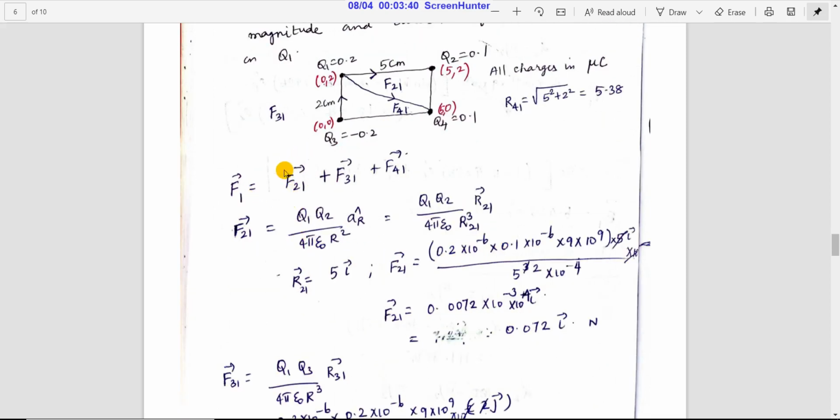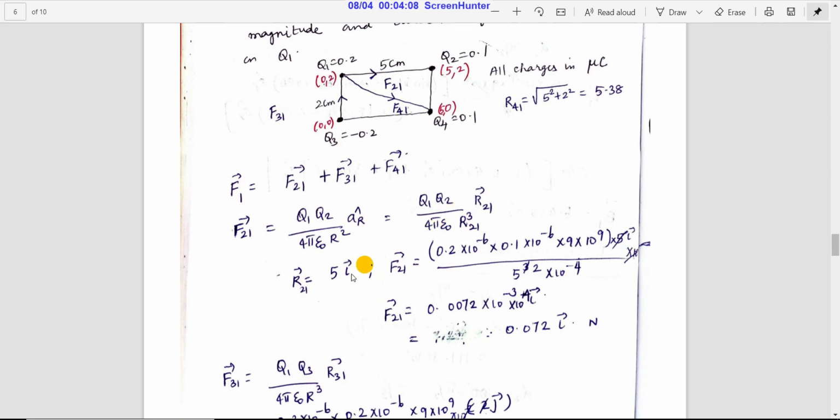In order to find the components of the forces acting on Q1, F21 can be Q1 Q2 divided by 4 pi epsilon naught R square, times a R cap. We can also write this equation as Q1 Q2 divided by 4 pi epsilon naught, times the R21 vector divided by R21 whole cube.